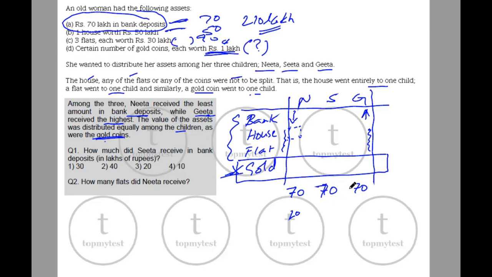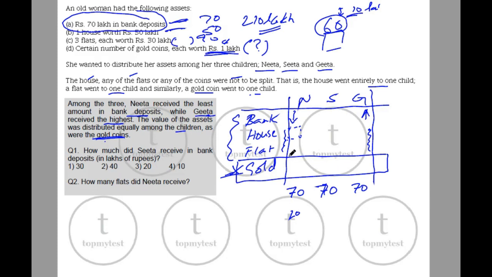So at most a person will get 2 flats. If a person gets 2 flats, that is 60 lakhs. The remaining 10 lakhs has to be deposits. Now this is lesser bank deposits than just the house, and we know Nita received the least amount in bank deposits. So 60 lakhs has to go to Nita.